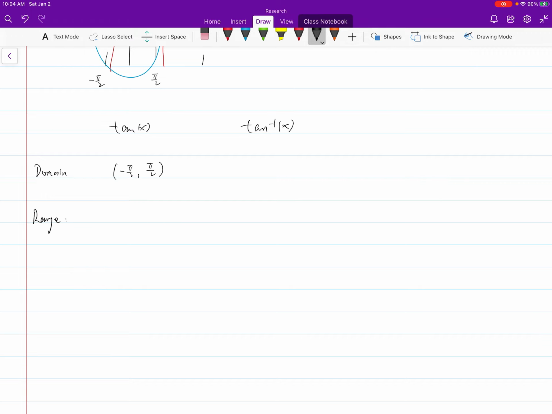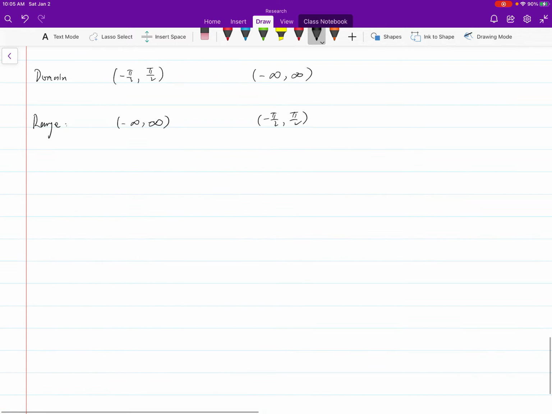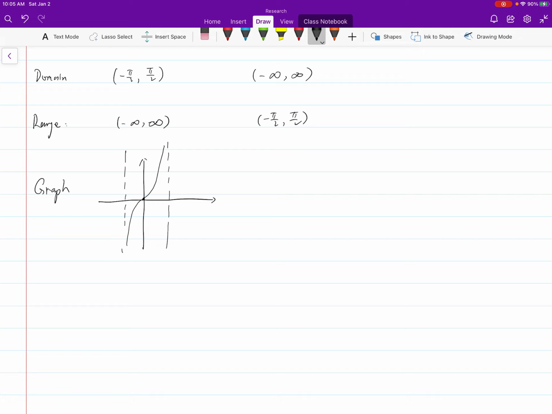For sine, you have brackets, which means negative pi over 2 and pi over 2 is qualified. For this one, they're undefined. So you can only have parentheses, not including pi over 2. For the range, therefore, finally for the graph, we have all the possible ones, but we only include one branch.